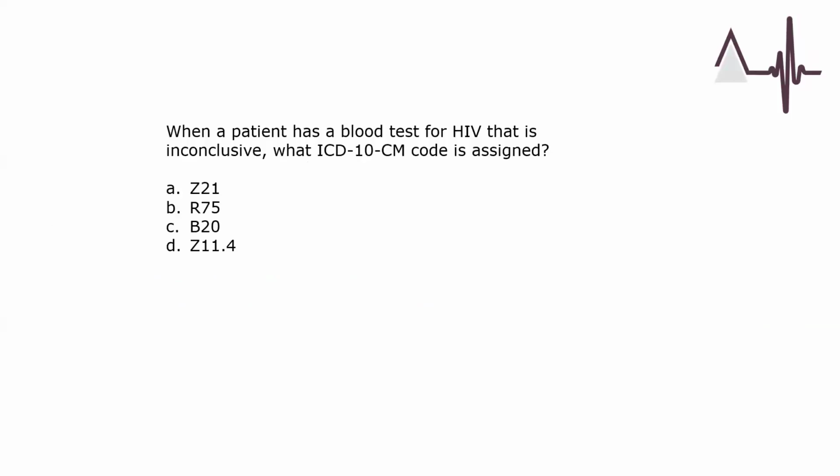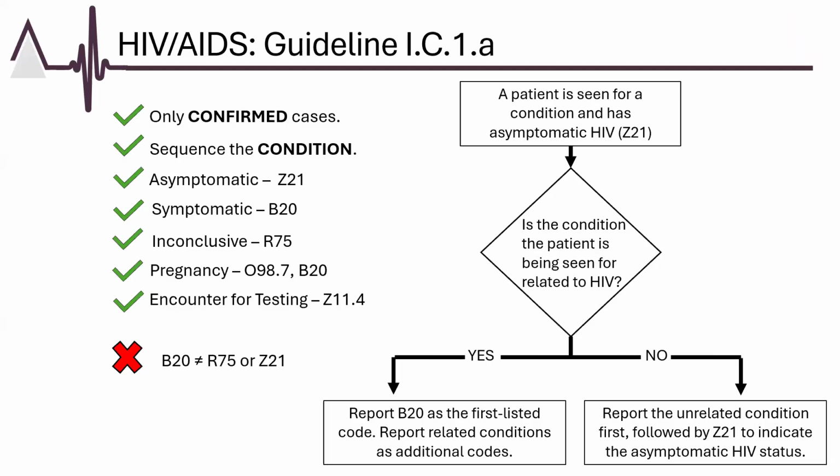When a patient has a blood test for HIV that is inconclusive, what ICD-10 code is assigned? Z21, R75, B20, Z11.4. Let's review the HIV/AIDS guidelines. Coders should only use codes for HIV or AIDS if the diagnosis is confirmed.